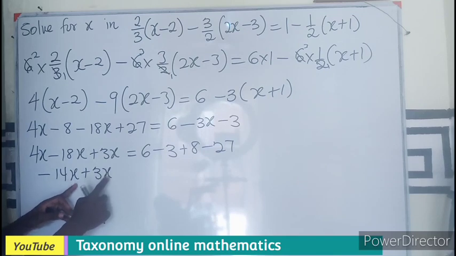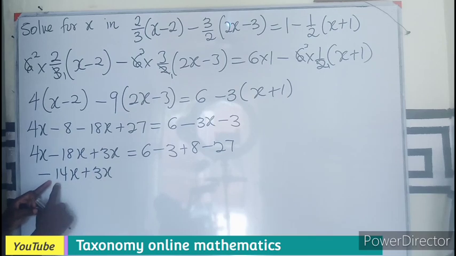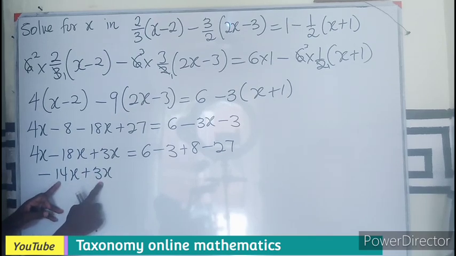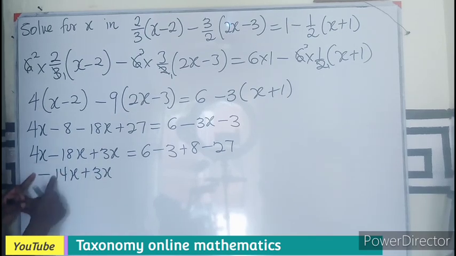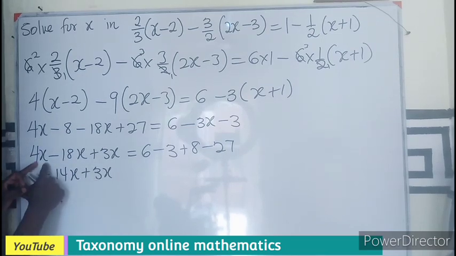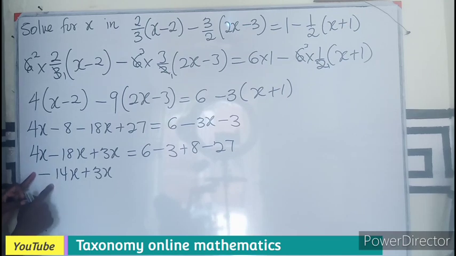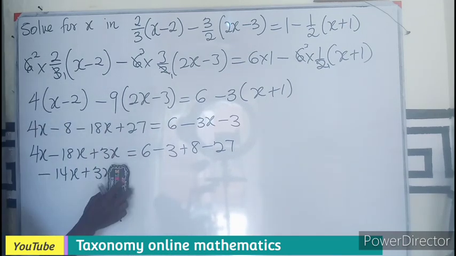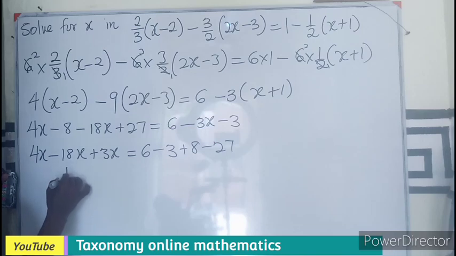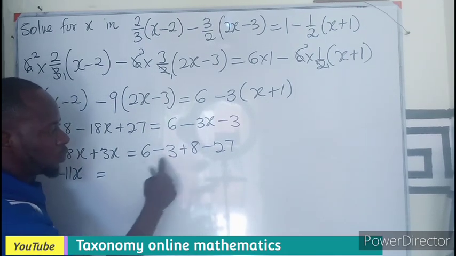We ignore the x and deal with negative 14 plus 3. When you are adding integers of different signs, negative and positive, you subtract the numbers and keep the sign of the bigger number. So I'll subtract 3 from 14 to get 11, and I'll keep the sign of the bigger number. So I'll have negative 11x equals the same thing, solving from left to right.